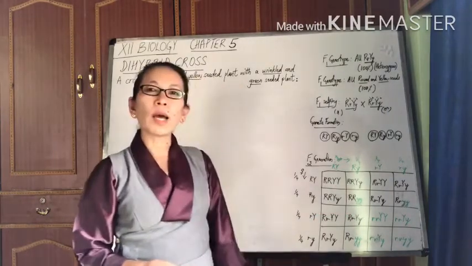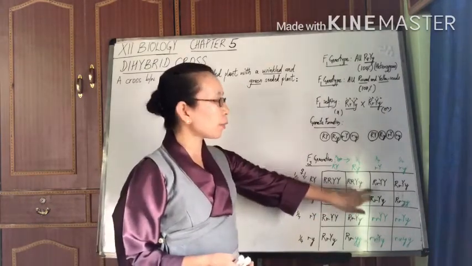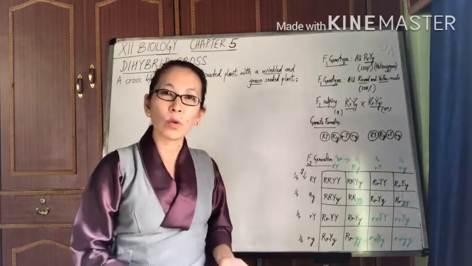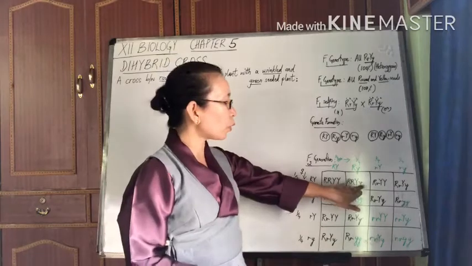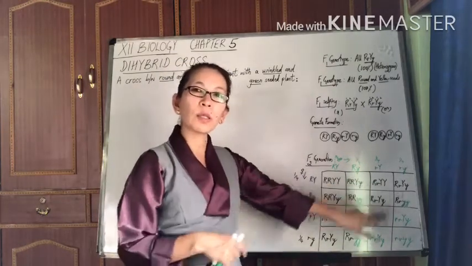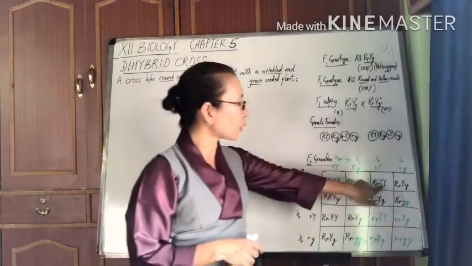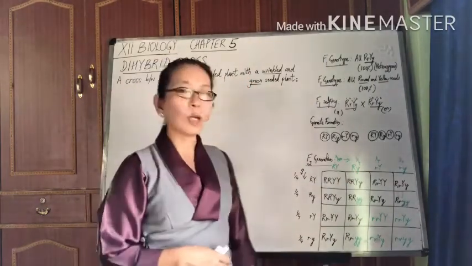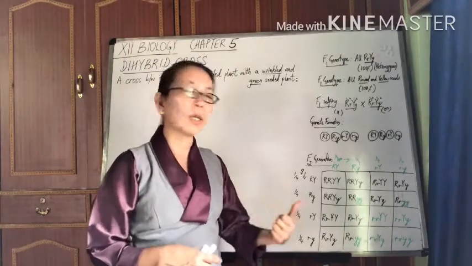The second one has capital R, capital Y, small y. And because it has one capital Y, again it's going to be yellow, right? So it is round yellow. Third one, capital R, small r. It has one capital R, so it is more than enough to express its trait. And it has both of the dominant yellow alleles. So it's going to be round yellow.